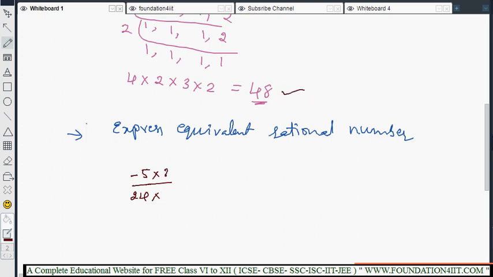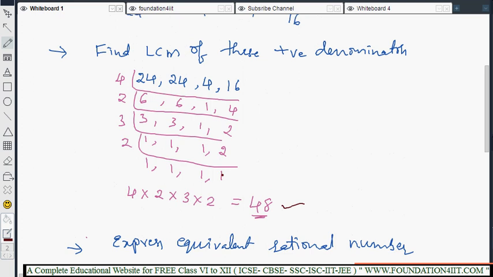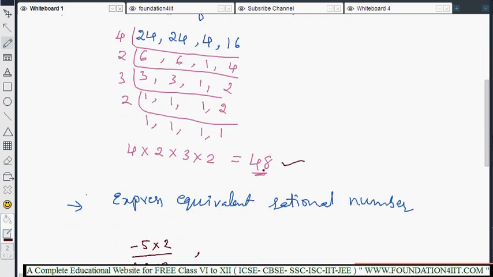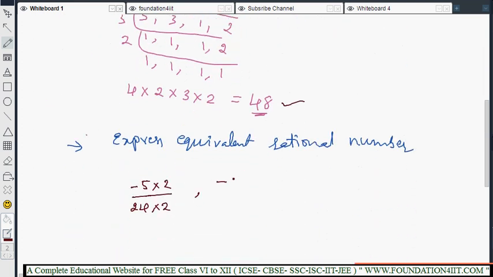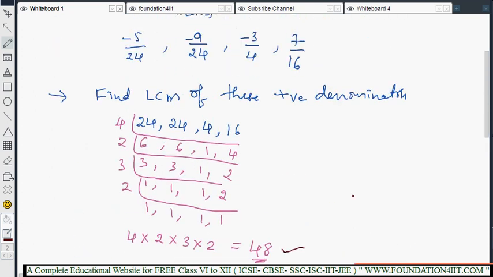Now 24 into 2 is 48, so multiply by 2 and 2. Next, minus 9 by 24: the denominator is 24, so 2 and 2. Next is minus 3 by 4, and what do we need to multiply? You can check it now. Next is 7 by 16.